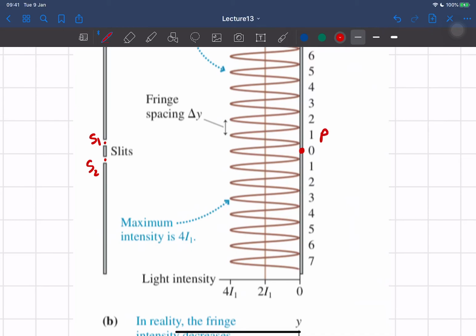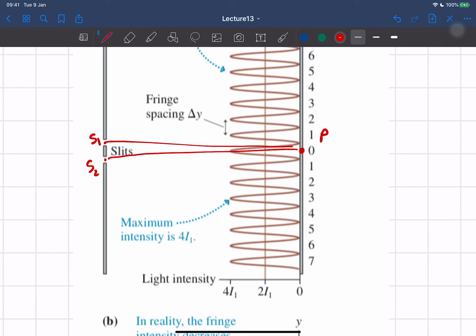You look at the path difference, which is the difference in the distance S1 to P and S2 to P. So these two lines give you the paths S1P, S2P. You subtract them, that gives you the path difference. And at the center, the path difference is 0. So that means you have constructive interference.